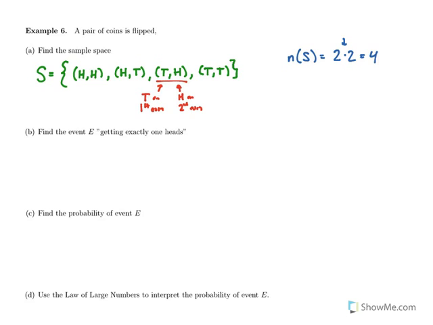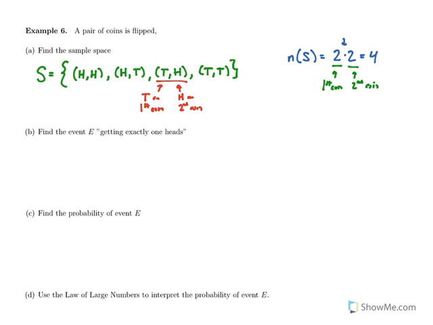There's two options for the first coin, and there's two options for the second coin. So you multiply them together, there's four options total. Just kind of looking back to the previous unit. So given our sample space, there's four different options for what could happen.